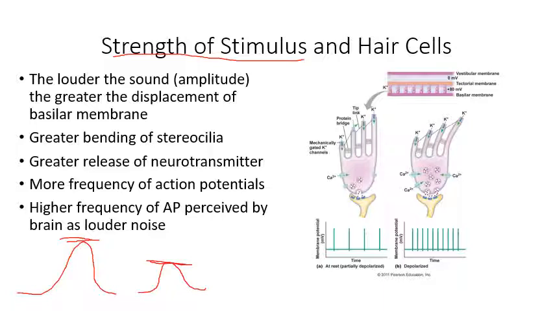So bigger amplitude with more loud, and softer, I'm going to have a lower amplitude. You can imagine what's happening to the bending, because remember these sound waves are brought in to that perilymph and they cause distortion of the basilar membrane. Which one's going to cause more distortion and probably more bending of the hair cells? Yeah, the loud, the higher amplitude.